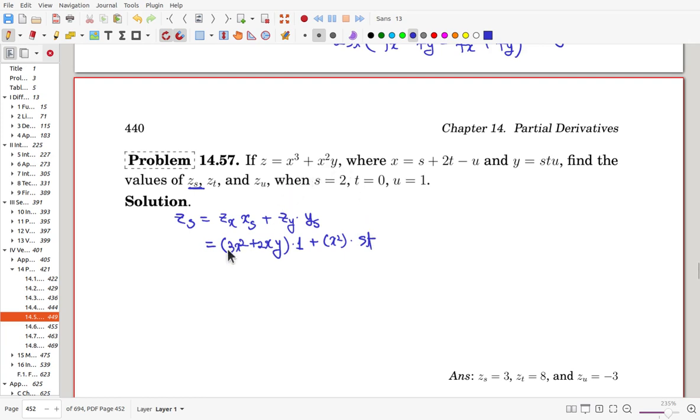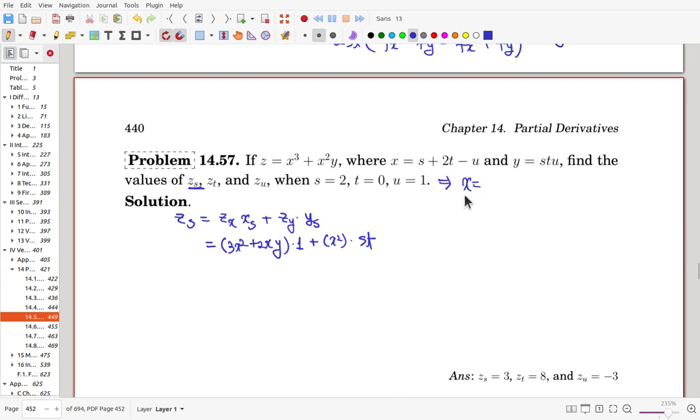Again, if you are asked to find z sub s itself, then x and y must be replaced with these definitions. But we want to get the numeric value when s, t, u are given in this range. So we can get the x value from here.